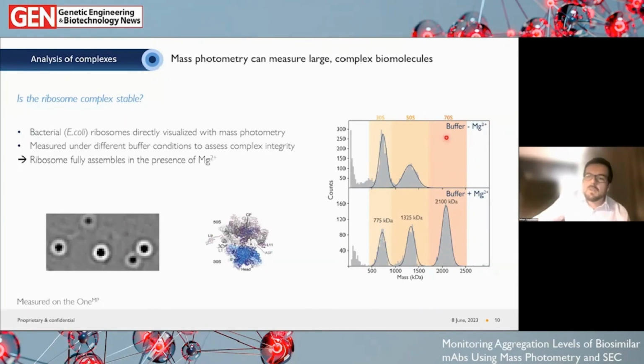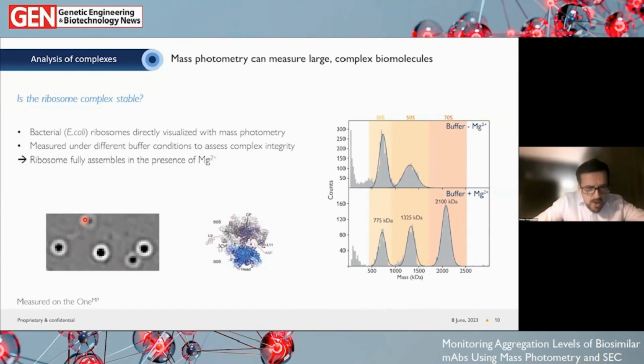On the right, we only get the complete ribosomal complex in the presence of magnesium ions. In the absence of magnesium, we only have the subunits, whereas when we add magnesium to the buffer, we get the formation of the complete ribosomal complex. As you can see, in this particular instance, the full complex is 2.1 megadaltons in mass.